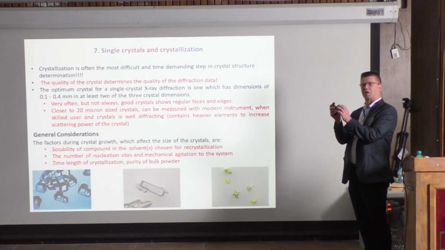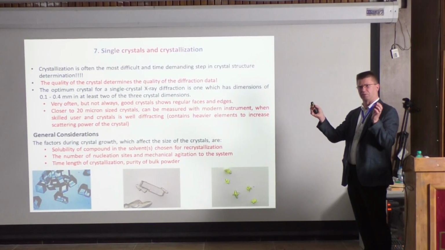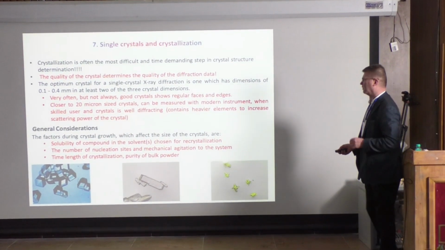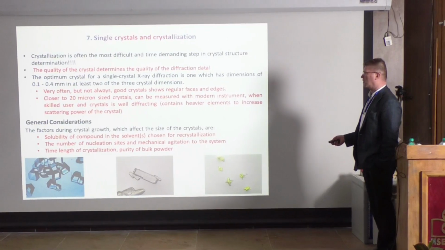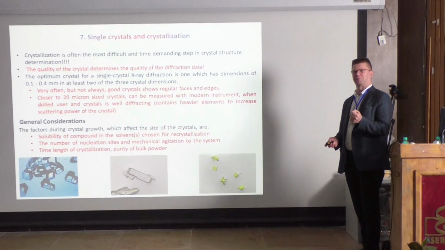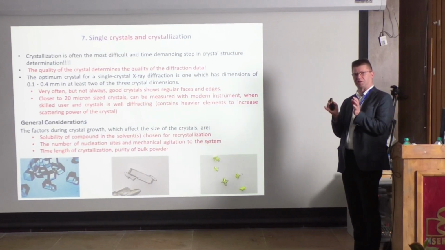It's a very tiny group, tens of molecules or so, and then it starts to grow from there. We call that the nucleation site. And then, mechanical shaking. This is easy to understand also, because the process is very subtle.